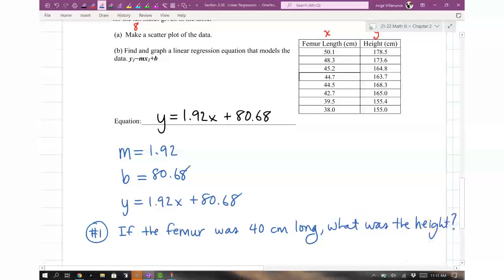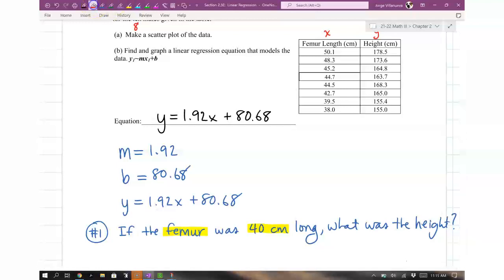So if you look, I don't have a 40 centimeters in that table. Okay? But they say if it's 40 centimeters long, femur 40 centimeters, what letter does femur represent? X or Y? X. So they're saying if X is 40, solve it.